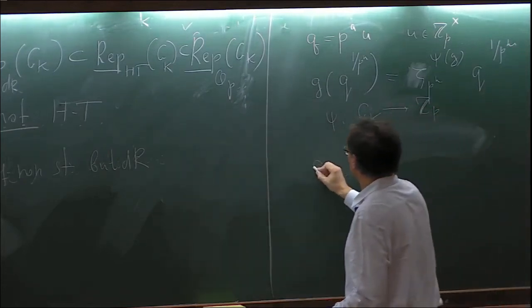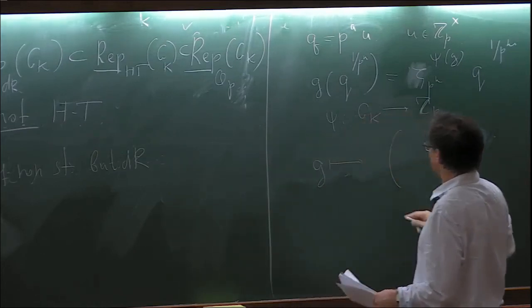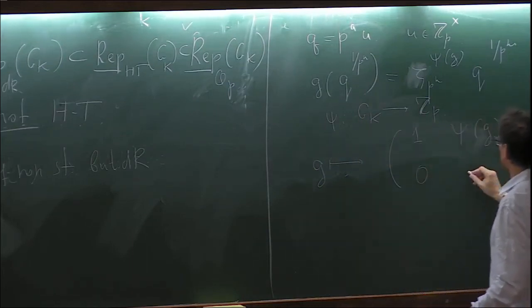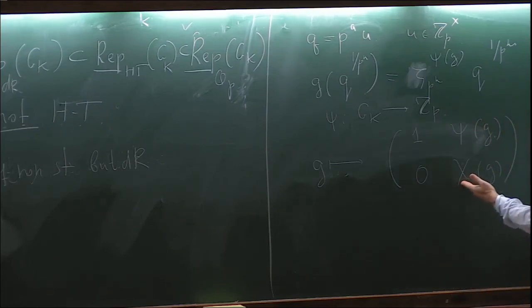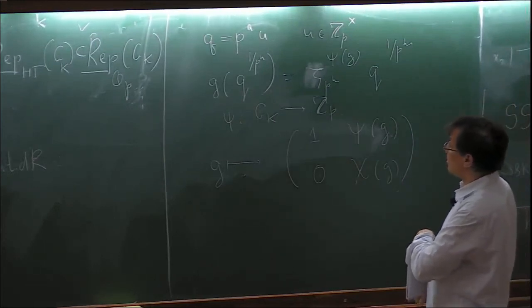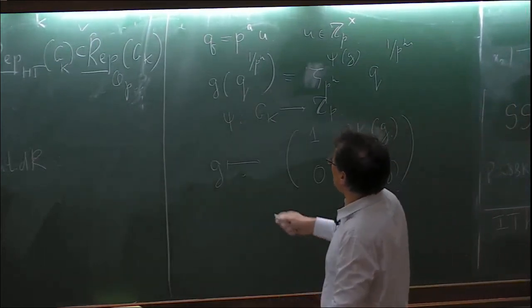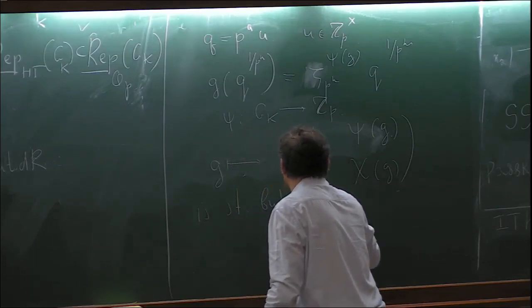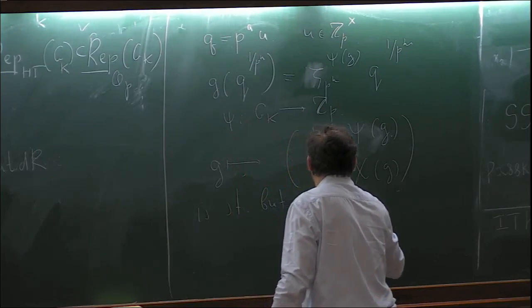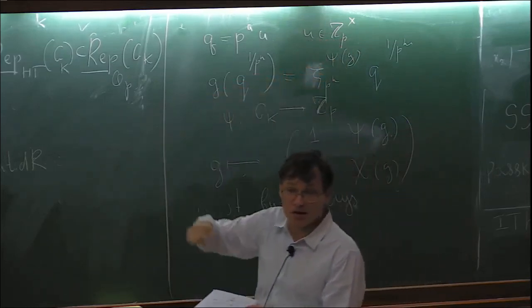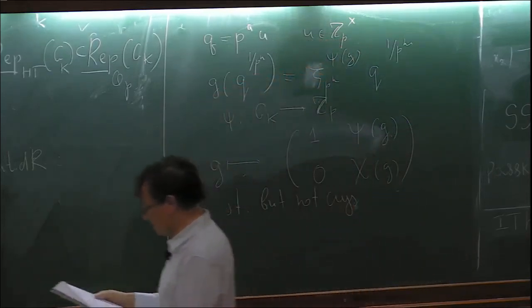And we consider the Galois representation given by these matrices where chi is a cyclotomic character, and this representation is semi-stable but not crystalline. And such representations appear exactly in the semi-stable reduction of elliptic curves.